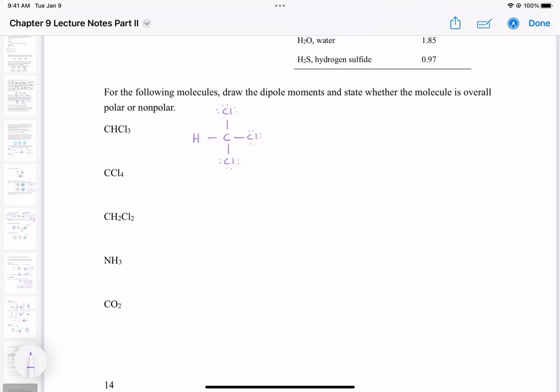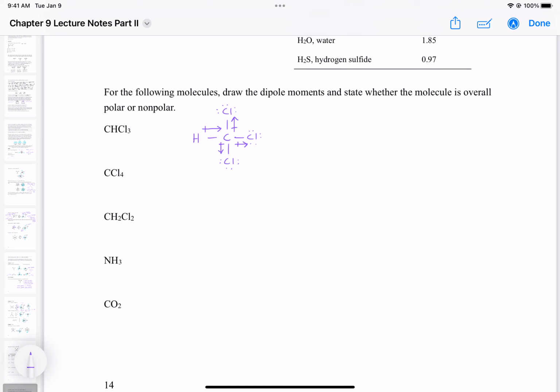And if we draw the dipole moments, it's going to be pulling pretty much this way. Carbon's a little more electronegative than hydrogen, so we could draw the dipole this way. And then the dipoles are going to be pulled by the chlorine atoms here. You see we have a net pull of electron density towards the chlorine atoms.